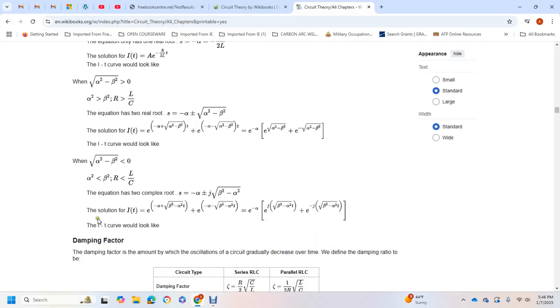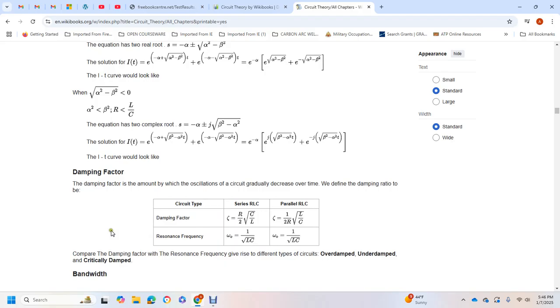The i-t curve will look like the following. The damping factor is the rate at which the oscillation in the circuit gradually decreases over time.